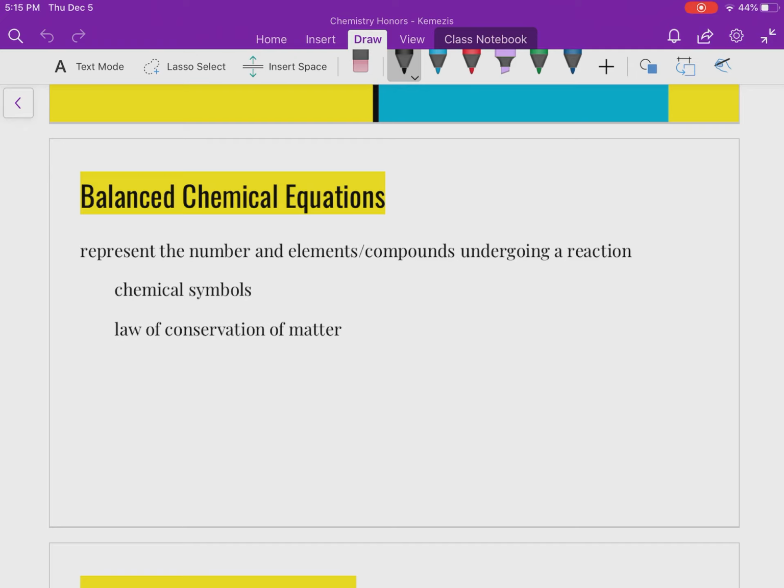And we're going to use chemical symbols from the periodic table, and correct compounds, neutral formulas for ionic compounds, to show what's reacting. And the whole reason why we have to balance the chemical reactions is because of the law of conservation of matter, right?